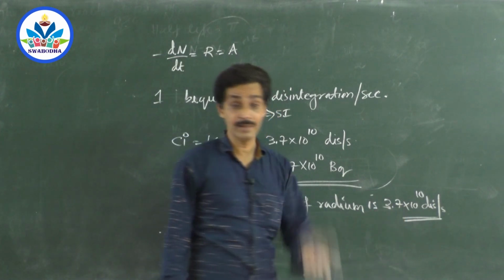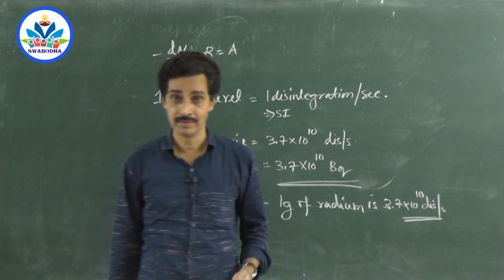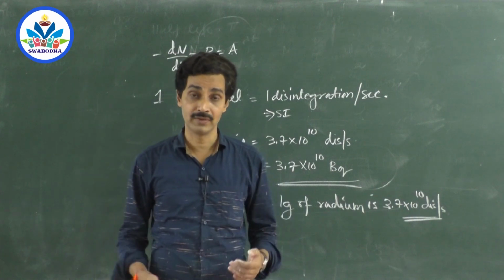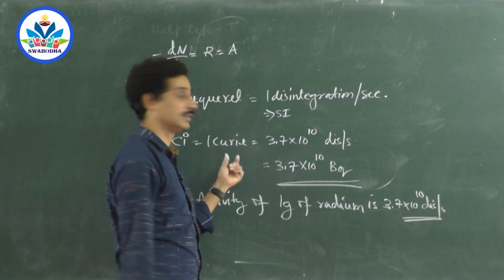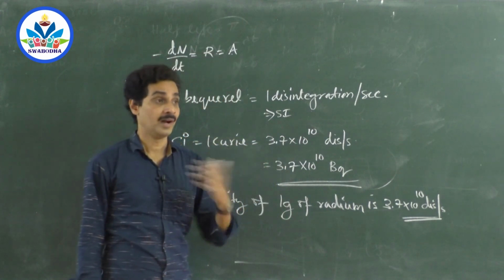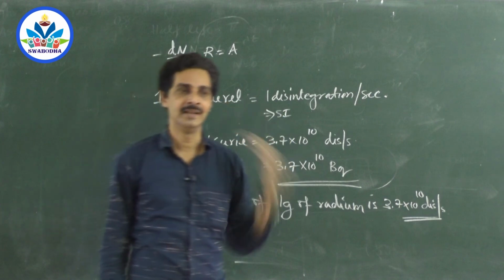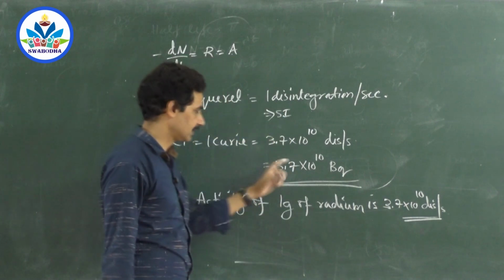Radium was discovered by Marie Curie. So in the name of Marie Curie, the activity of 1 gram of radium is taken as 1 Curie. See how we respect the scientists by remembering these values.